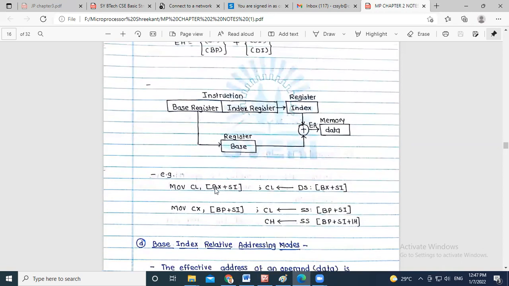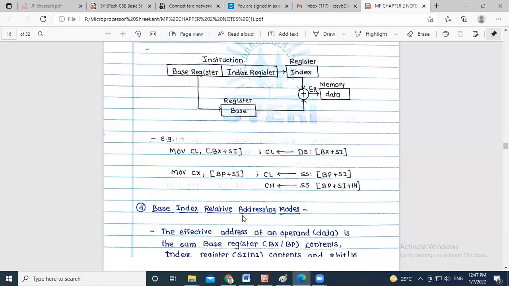So here BX, as in the previous example, right? Here we are again using the source index or destination index with a displacement or a base pointer along with the register. So whatever address value the displacement with the source index contains is going to be transported into the C register by the data segment DS.